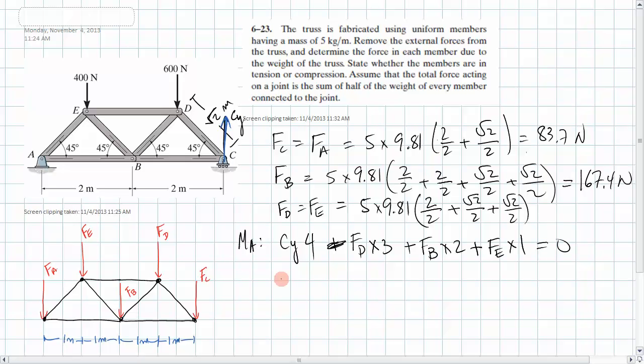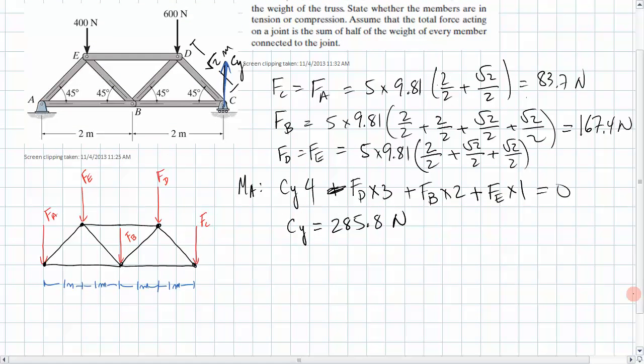And I can solve for that now, and I get that Cy is equal to 285.8 newtons.